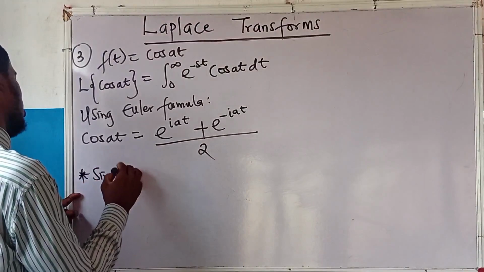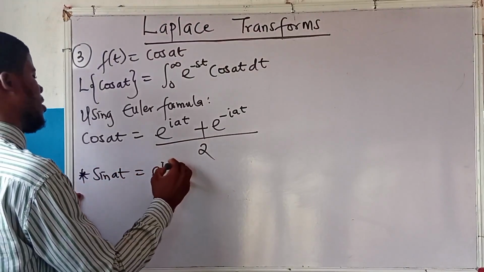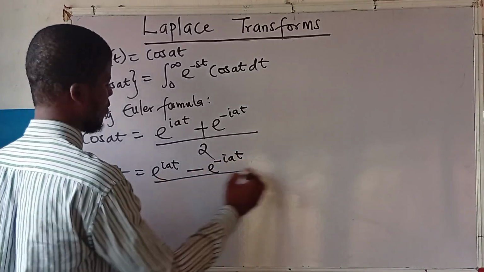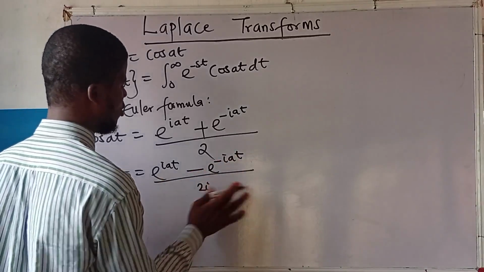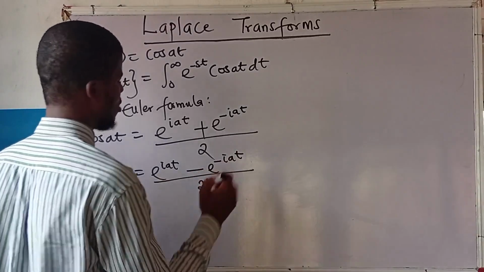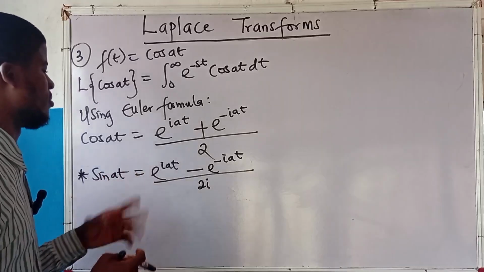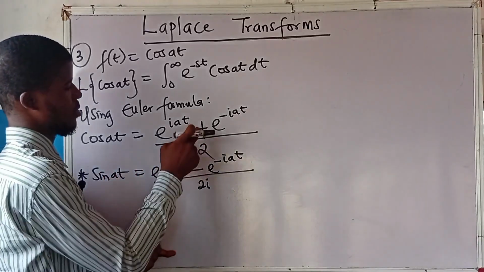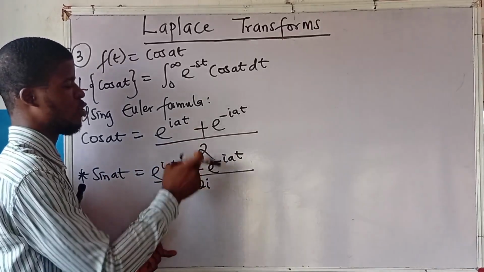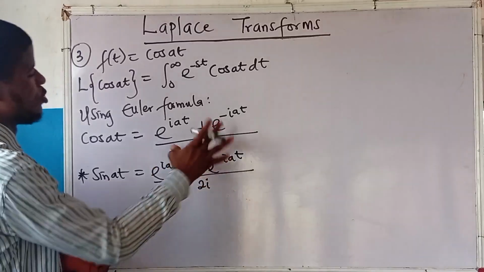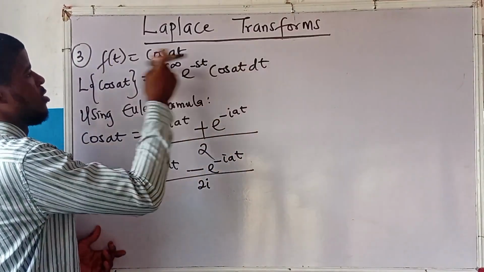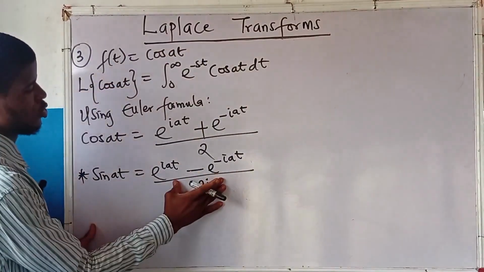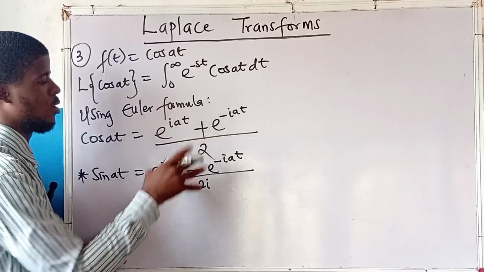For sine at, it is e to the power of iat minus e to the power of minus iat all over 2i. So the only difference between the two of them is that there's a minus here, and there's an i attached to the 2 here. I'll use this one to prove the Laplace transform of cos at, then you can work on your own with this one. You follow my procedure, okay?